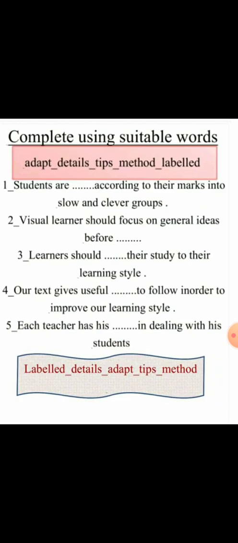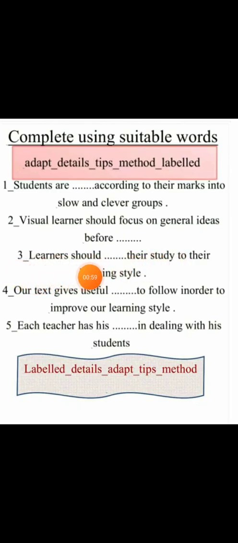We have to complete using suitable words: adapt, details, tips, method, labeled. Number 1. Students are labeled according to their marks into slow and clever groups. Number 2. Visual learners should focus on general ideas before details. Number 3.